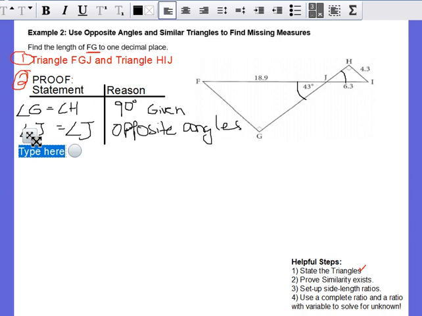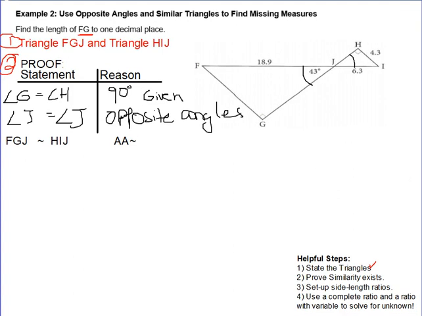So now we can say, therefore, triangle FGJ is similar to HIJ. And the reason for that would be angle-angle similarity. That's what we're dealing with here.